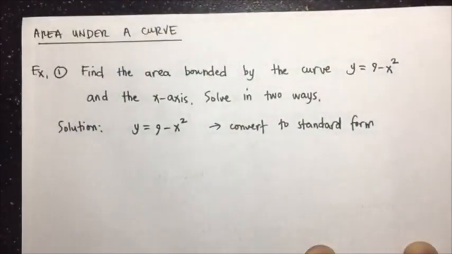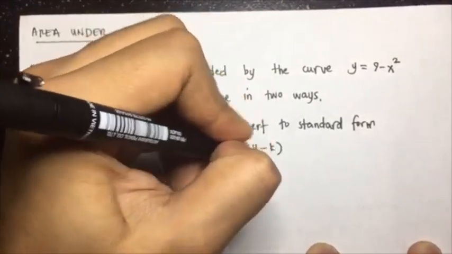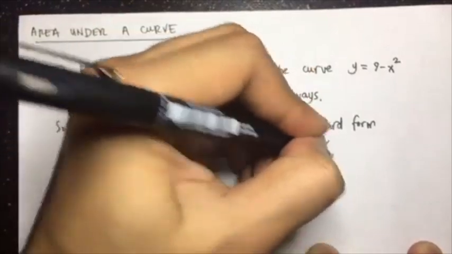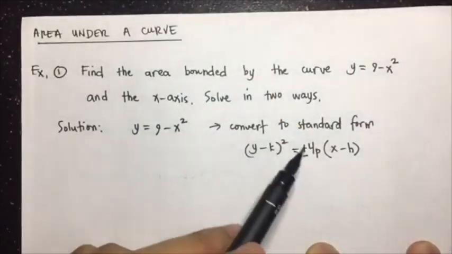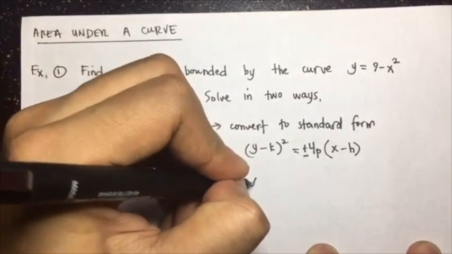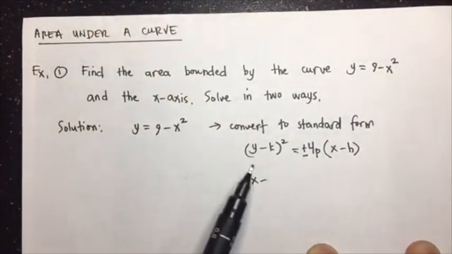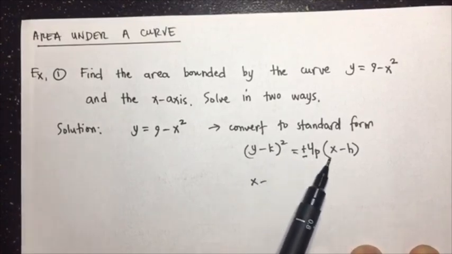So what are the standard forms? If it is oriented horizontally, opening to the right or to the left, then we will have y minus k squared is equal to plus or minus 4p times x minus h.